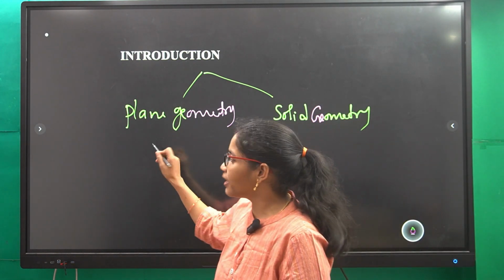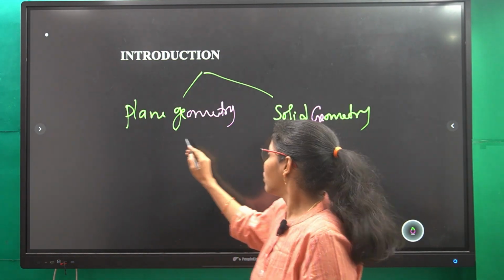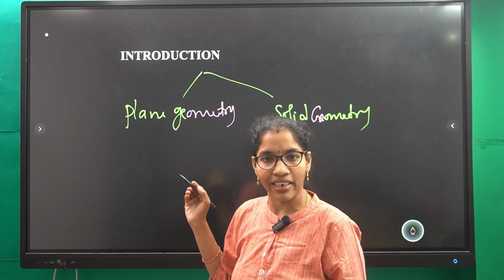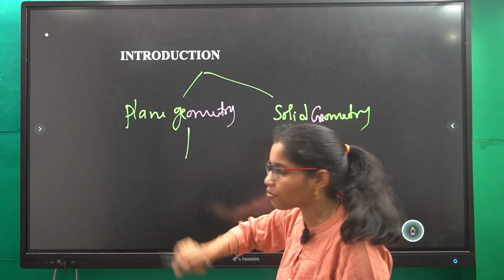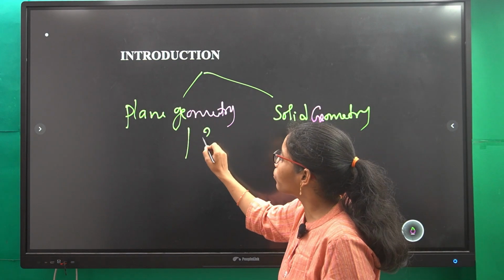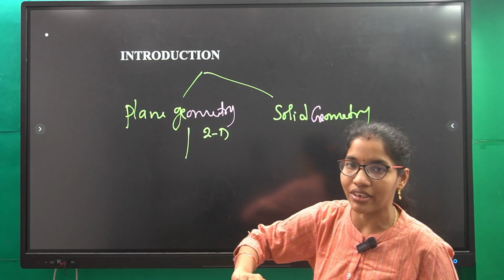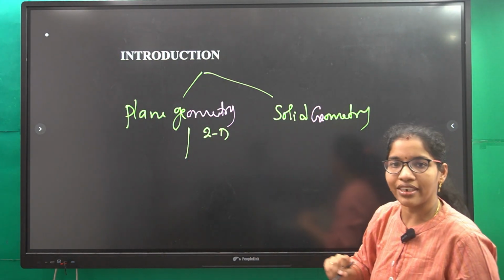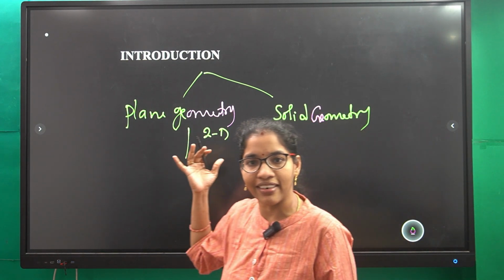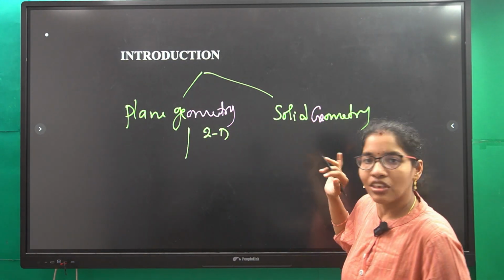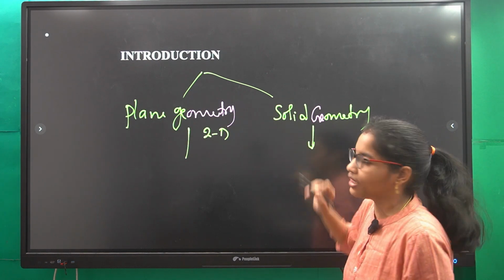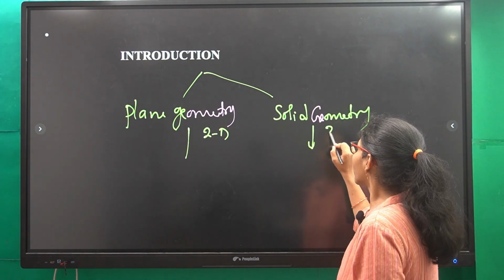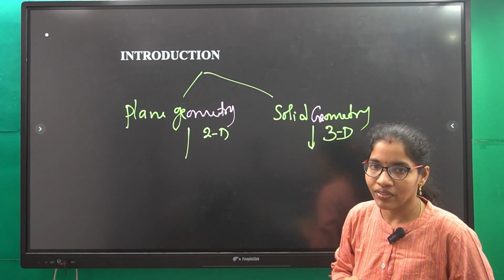Plane geometry is nothing but like shapes are like triangles, rectangles, some circles. Those are all comes under this plane geometry, which is nothing but 2D geometry. Okay, two-dimensional geometry. Coming to this solid geometry, we have the shapes like cylinder and some sphere, cube, cuboid, prism. All these comes under this solid geometry. Okay, so you can call it as 3D geometry.